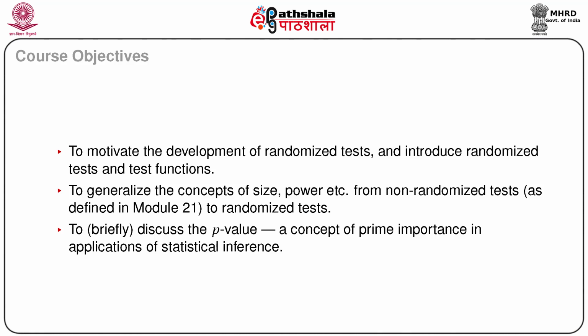So here we shall introduce the idea of a randomized test. And finally, we shall discuss the linear combination of two randomized tests or two tests, which is also a level alpha test, and we shall introduce the concept of p-value of the test. Some examples are discussed in this connection.